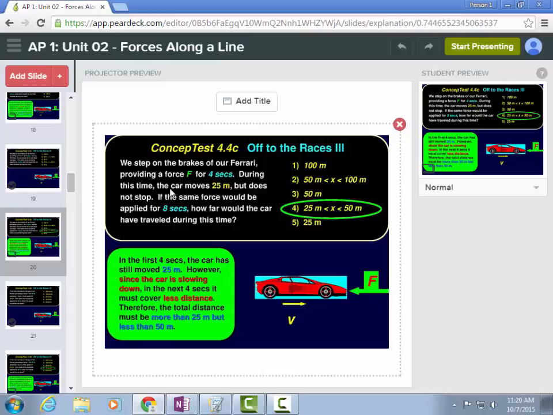But the formal explanation is this. If I break this up into 2 segments, this is going to be T1, this is going to be T2, and these two are equal. In other words, T1 equals T2, and both of them I'll call T. The initial velocity going into the first 4 seconds is VI1, and the initial velocity going into the second 4 seconds is VI2.